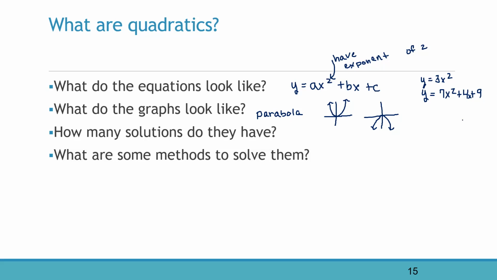Next is, how many solutions do they have? And that is 2. And the reason why is because the exponent is 2. Let's take a look at that on the graph as well.